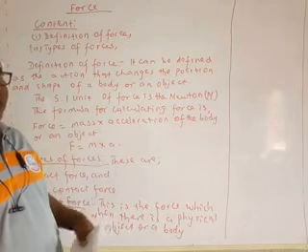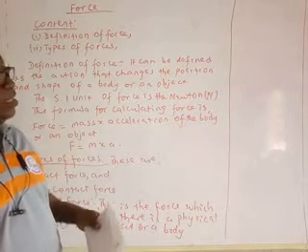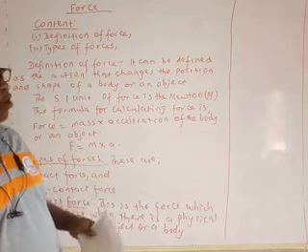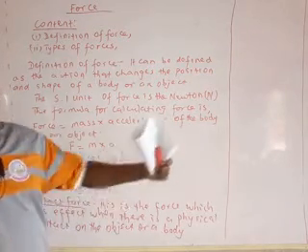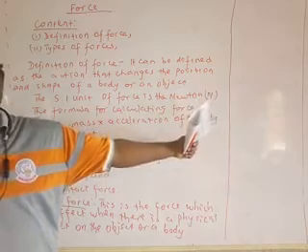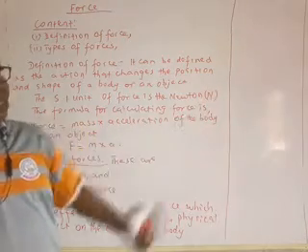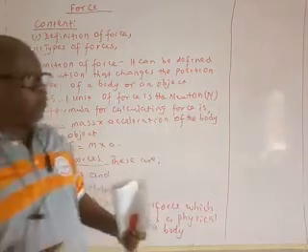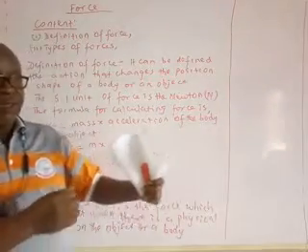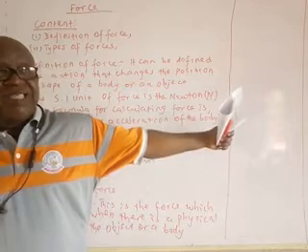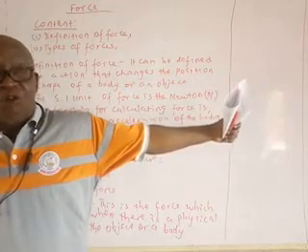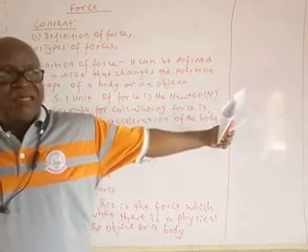Then tension. Tension is another contact force which is exerted on a stretched object or a body. For example, all of you know a rubber band. When you stretch a rubber band, that is tension. You exert tension force on that rubber band.